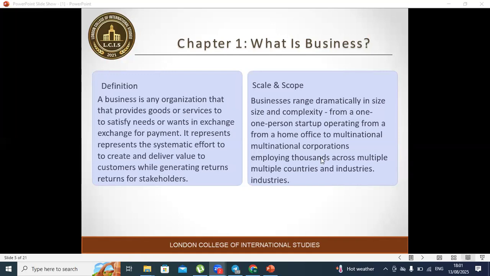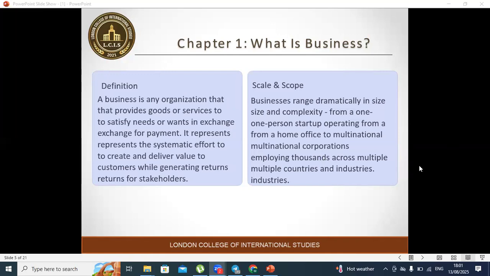It represents the systematic effort to create and deliver value to customers or clients while generating returns for stakeholders.